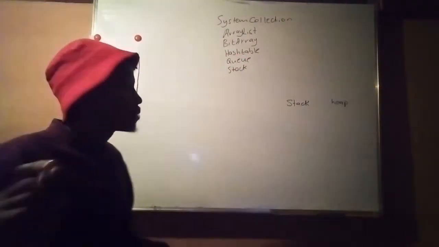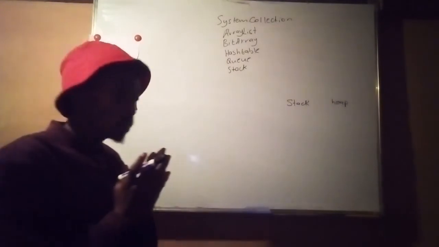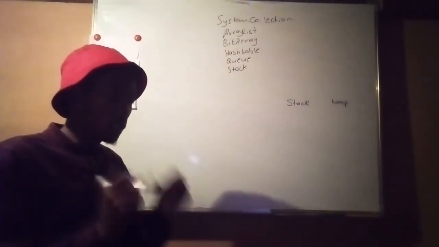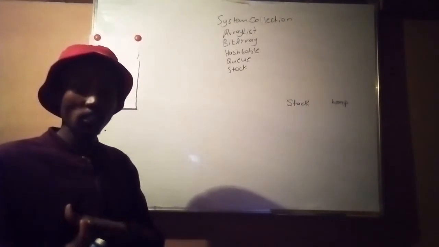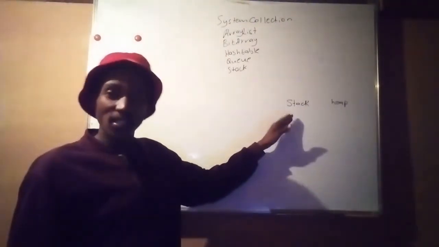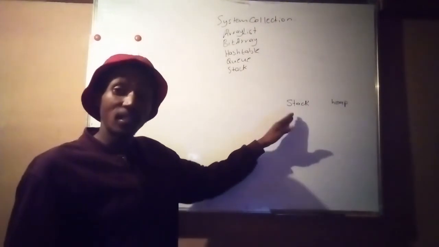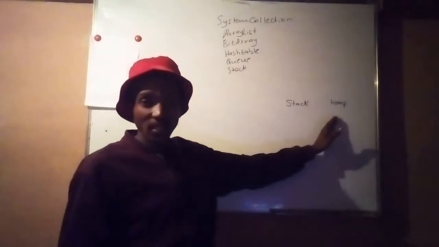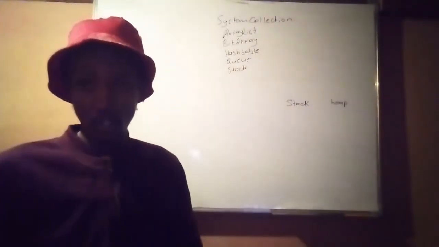There's quite a number of differences between these two types of memory. But one major difference that I want to mention in this lesson is that it is quicker to access data out of the stack memory than it is to access data out of the heap memory.